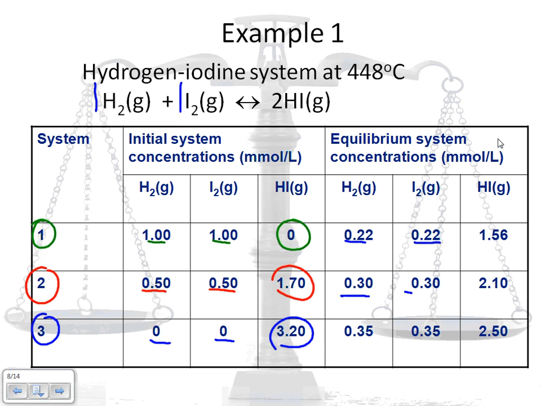Okay, these two are the same and these two are the same, okay? And your concentration of hydrogen iodide changes, okay? So when we measured this and found it to be at equilibrium, these were the numbers that we got. At this point, don't worry about where the numbers came from. Just pretend like we did a lab and we got these numbers for concentration. Now, what do we do with them?